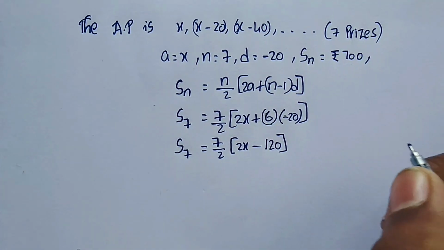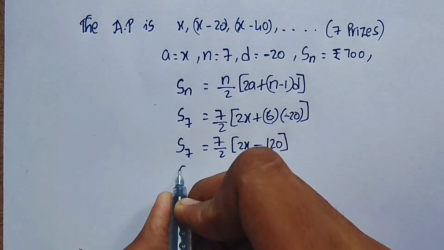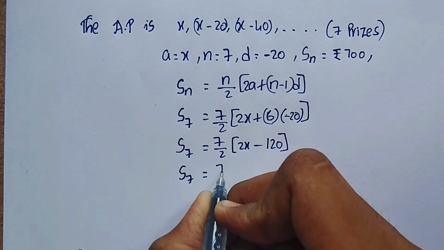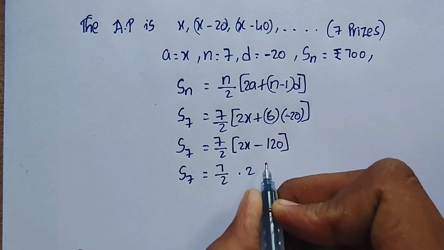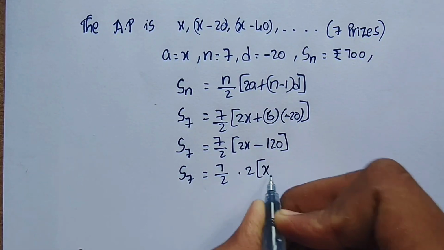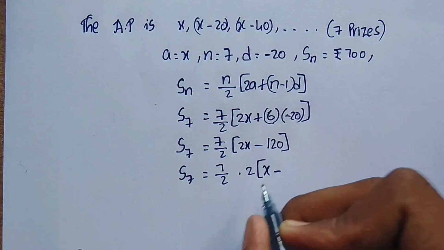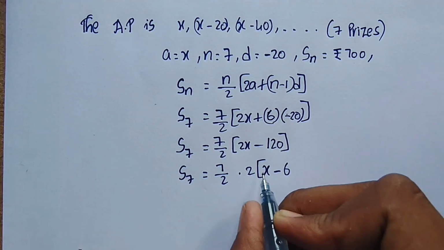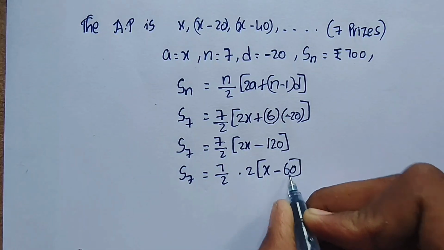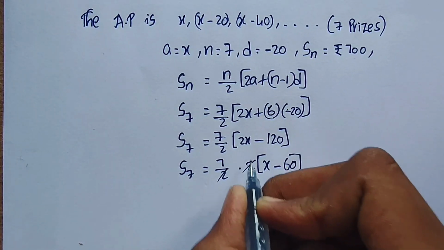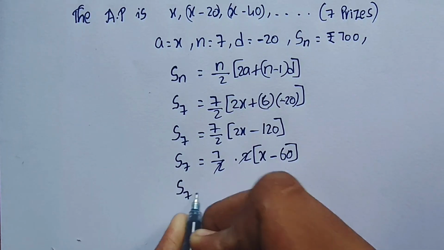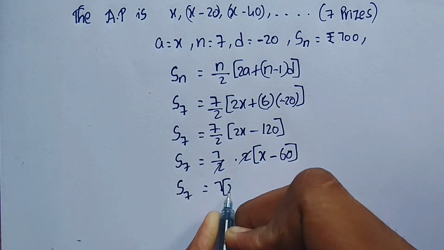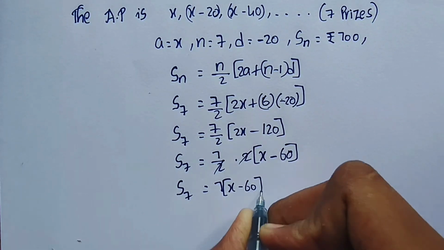In 2x minus 120, I am taking 2 common. So the sum of 7 prizes is equal to 7 by 2 into 2 into x minus 60, that is 7 into x minus 60.